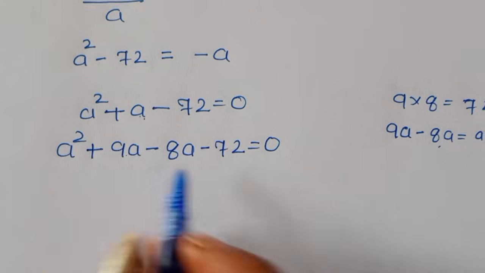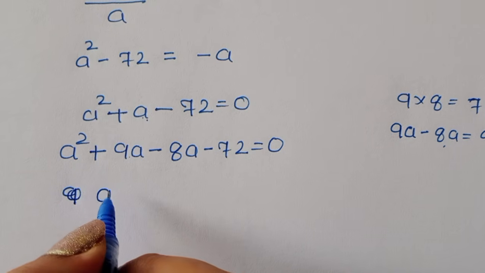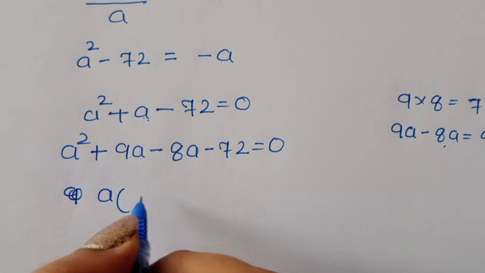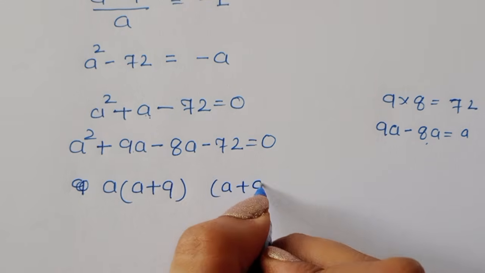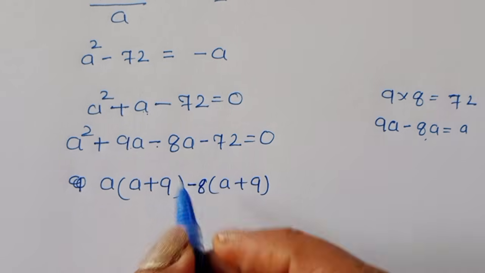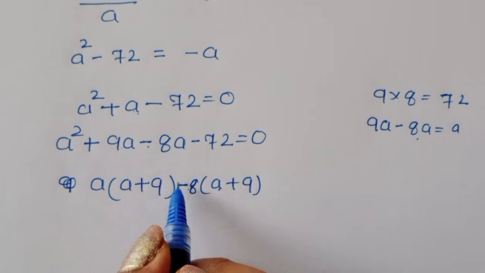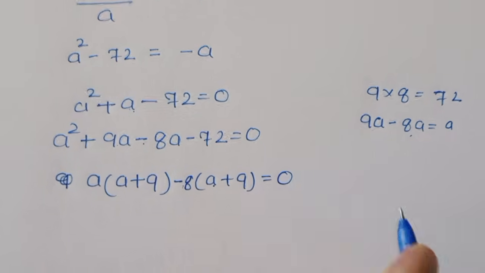We take a common from the first two terms, so a times (a plus 9). And the left term, minus 8a minus 72, we take minus 8 common, so minus 8 times (a plus 9), equal to 0.